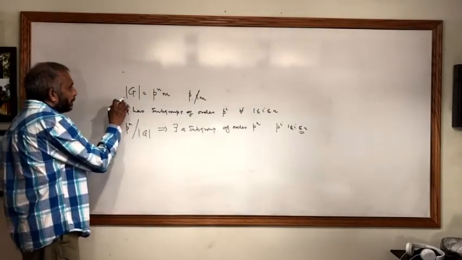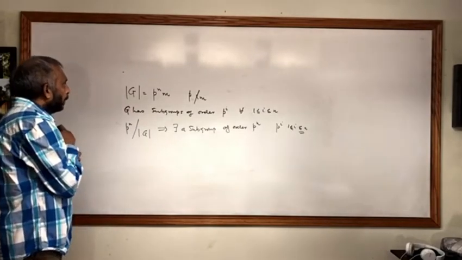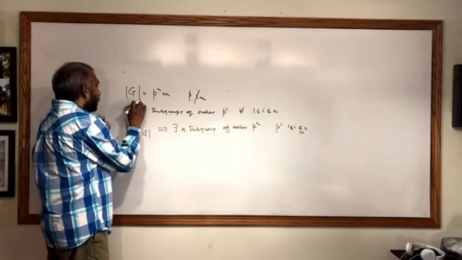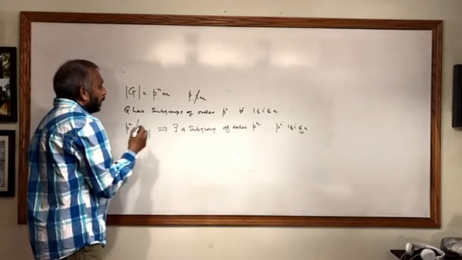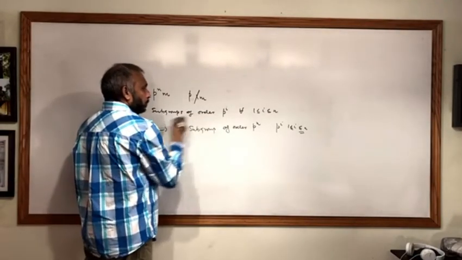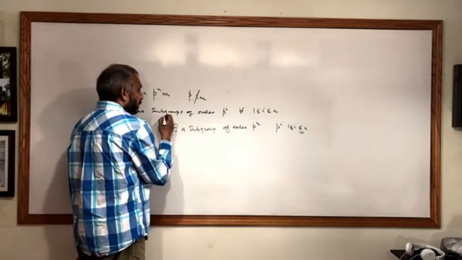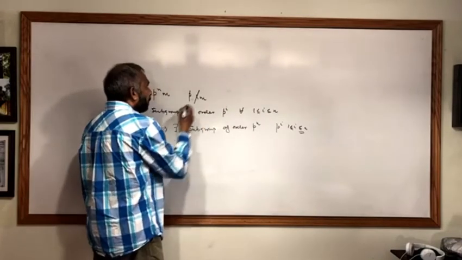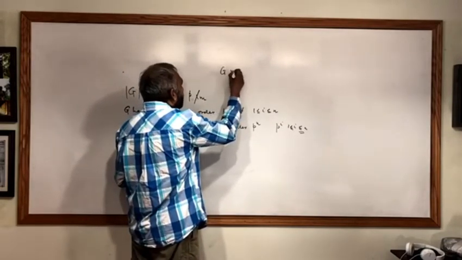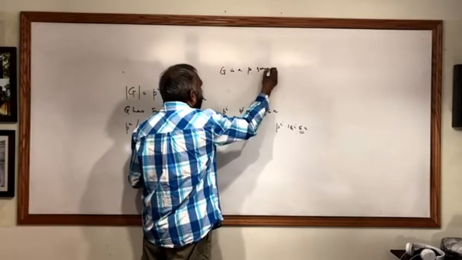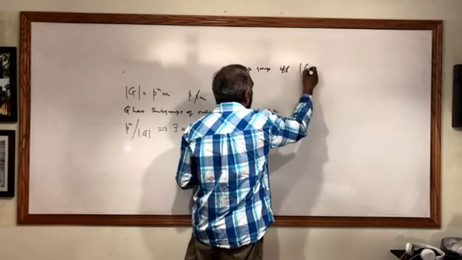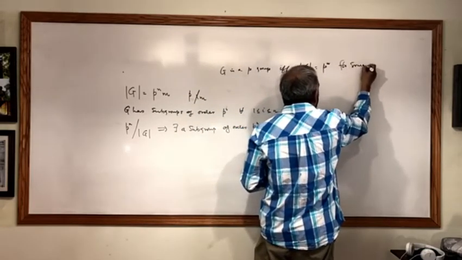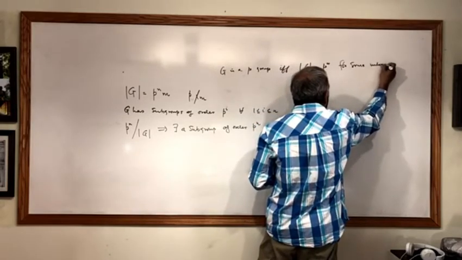So in here, all these subgroups are p groups because its order is p to the power of i. We have a theorem which says that G is a p group if and only if the order of G is equal to p to the power of n for some integer n.